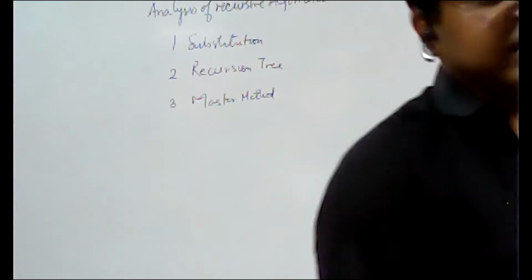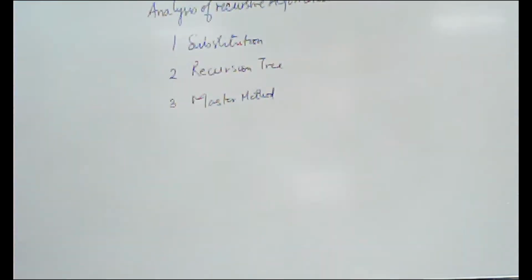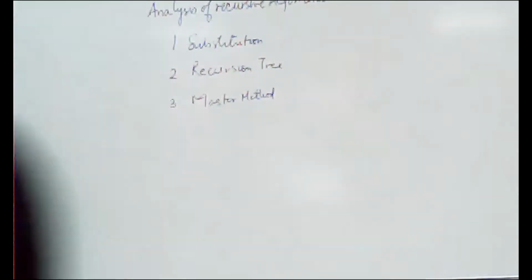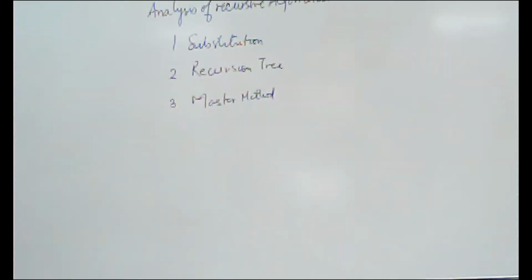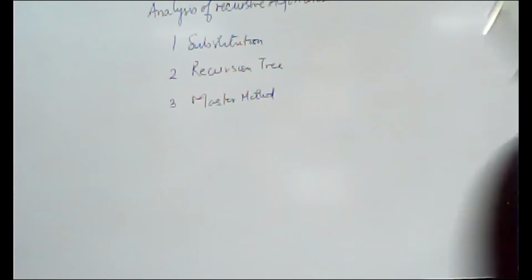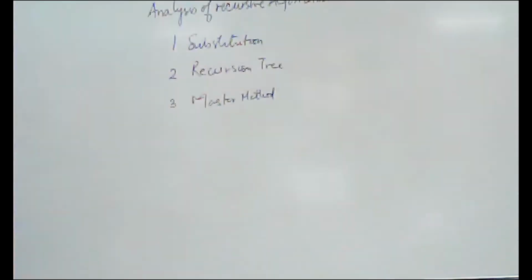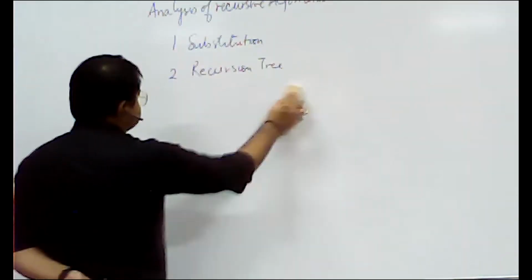So these are 3 methods which are used to analyze recursive algorithms. We'll study each of the methods one by one. Normally from the substitution method and recursion tree method, almost all algorithms can be analyzed. The master method needs a particular format. If the recurrence relation is in the given format, then only we can apply the master method. So let's see one by one. We'll start with the substitution method.